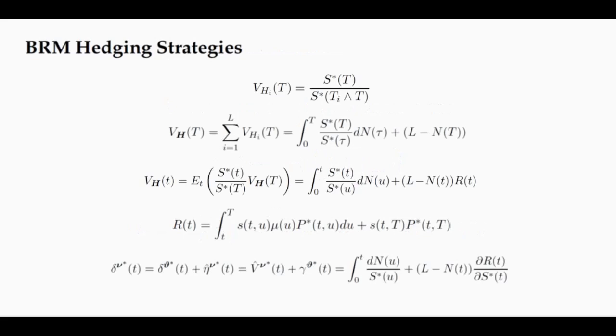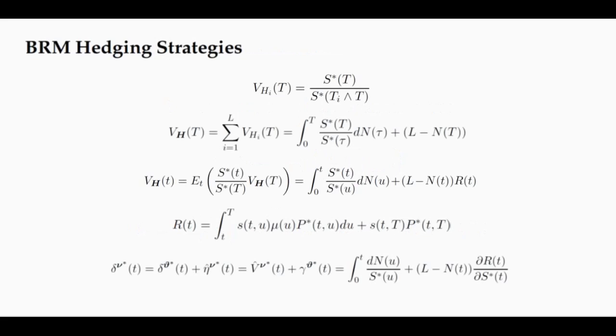But for simplicity, we want to invest this 1 unit of wealth into the growth optimal portfolio and wait for it to expire at time T, so that the value of this policy at time T is equal to this ratio.